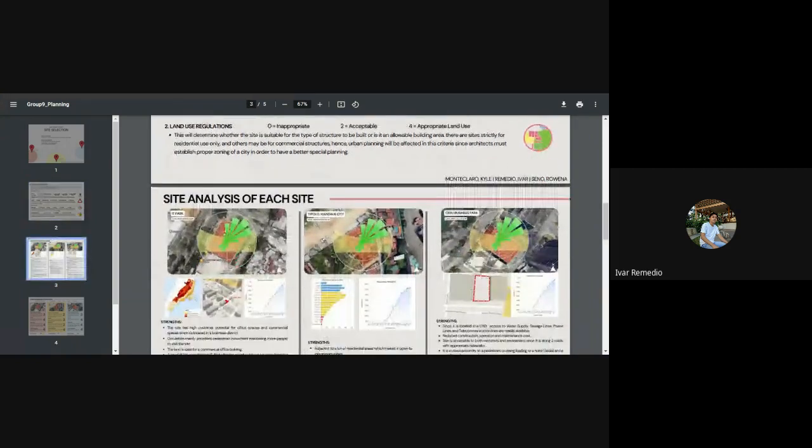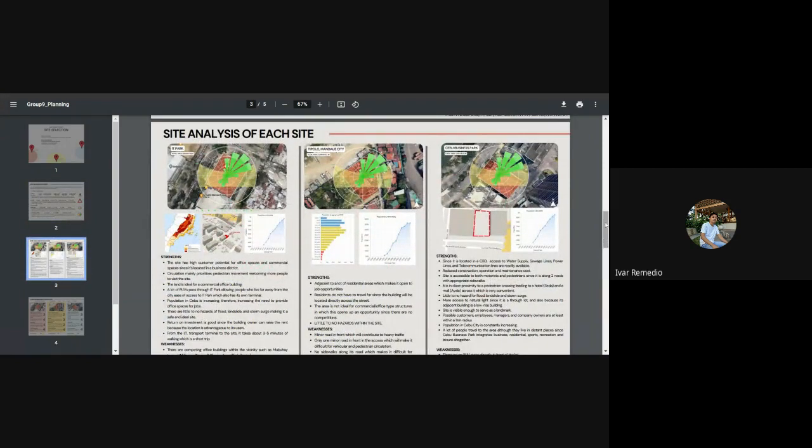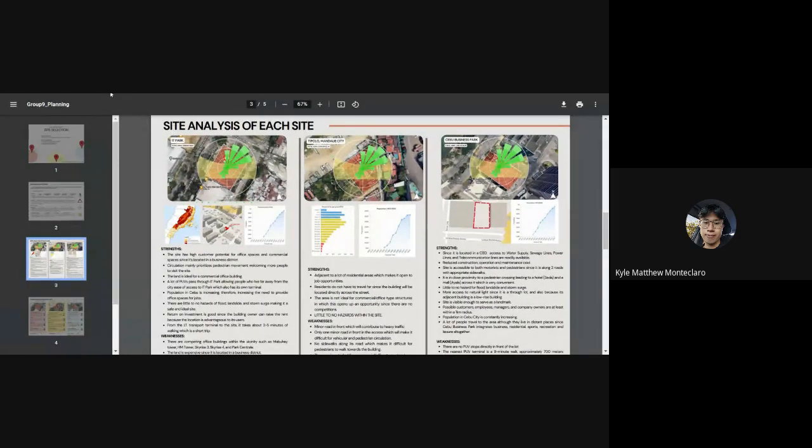So for our site analysis, to summarize, we have identified different factors with the use of different diagrams, such as hazard maps, which show that most of our sites have little to no hazards. We also looked at the population growth of Cebu, which is increasing, and most of our sites are located there. For soil maps, most of our sites are located in soft or unconsolidated sediments, which might serve as a weakness.